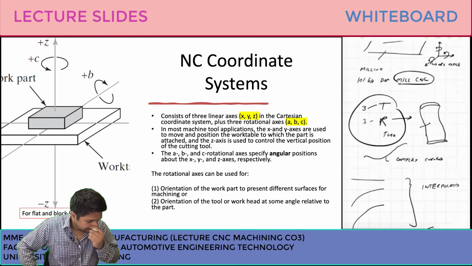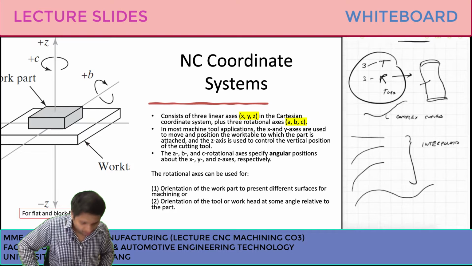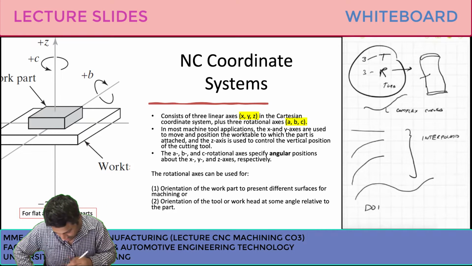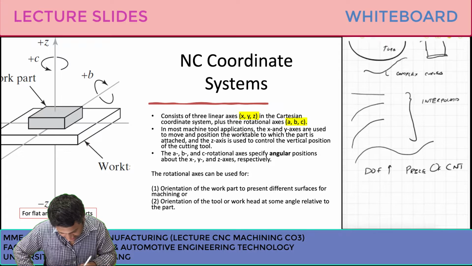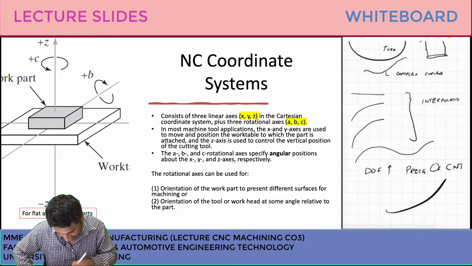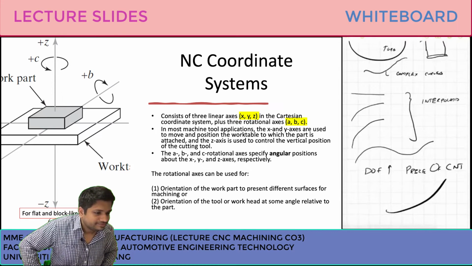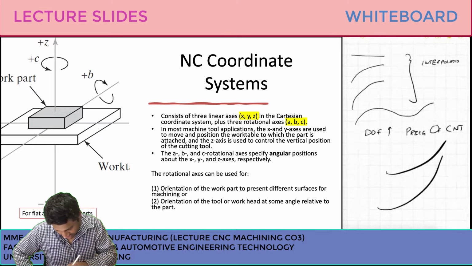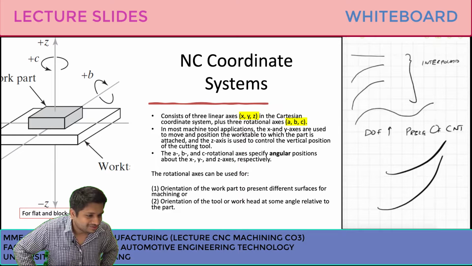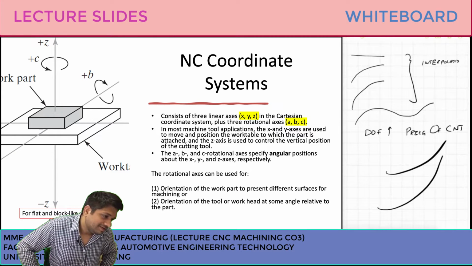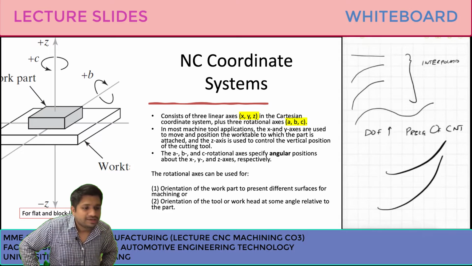However, as the degrees of freedom increase, the price of a CNC system shoots up exponentially, like the exponential increase of COVID cases. That is also something we need to think about whenever we are buying a machine.